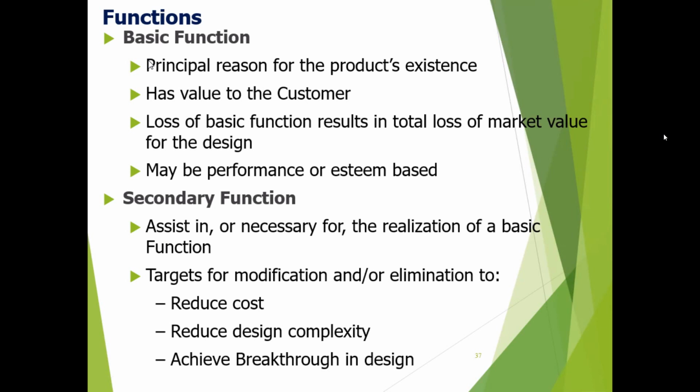And so this is the one we actually target for reducing. Either we can modify whatever the secondary function is, or else entirely we can eliminate it. If by doing so we can reduce cost or reduce design complexity, or achieve a breakthrough in design, we will go ahead and do it, right? So that is the purpose of the outcome of the functional analysis.